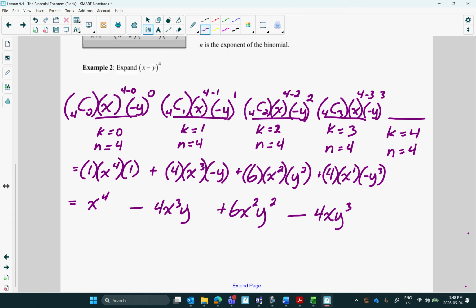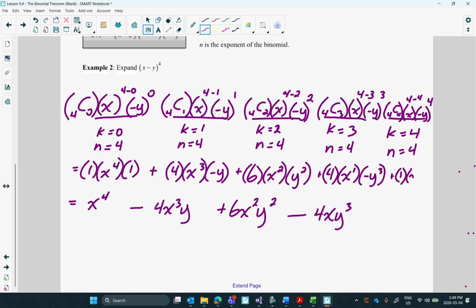And the last one, 4 choose 4. X to the 4 minus 4. Negative y to the 4th. Well, 4 choose 4 is 1.